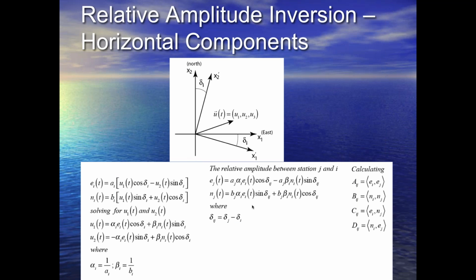Now, the horizontal components are a little bit more complicated. Here is our true north and east. Here is the ground motion, a function of time, and we have 3 components of it from this teleseism. Here's our station that actually records this ground motion, and it's misoriented by some delta. And so we can write the east-west and north-south components in terms of these horizontal ground motions.